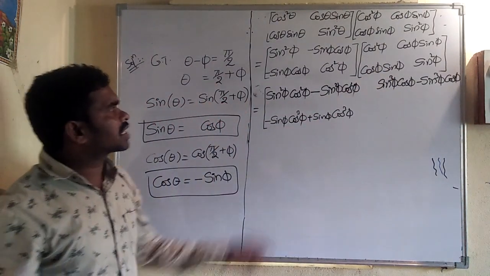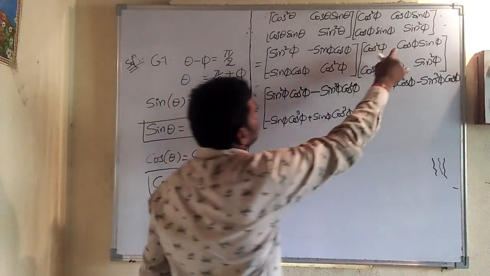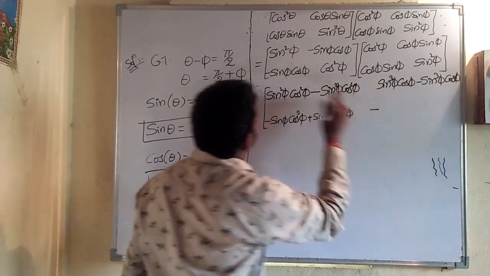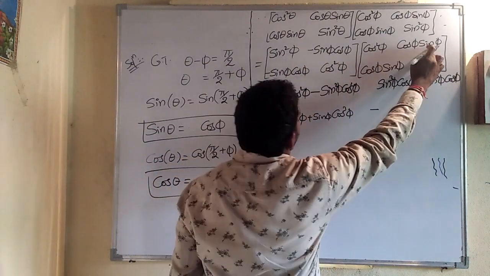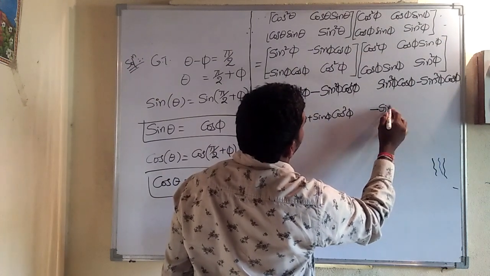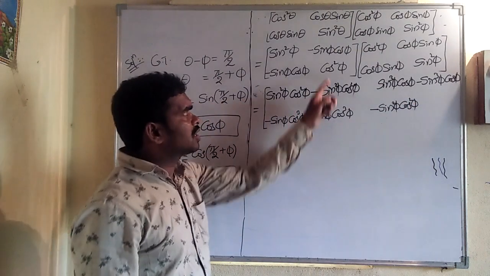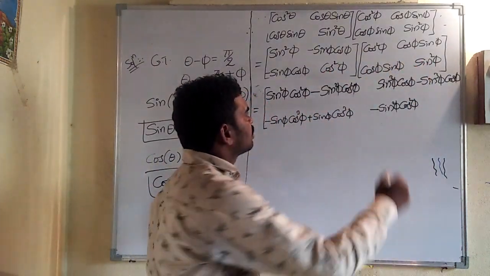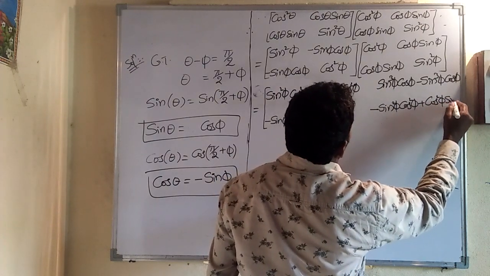That's it. Next, second row with second column. Minus into plus, minus sin phi cos phi into cos phi sin phi. Sin into sin square, cos into cos square. So it becomes sin square phi cos square phi. Next, cos square into sin square, so plus cos square into sin phi.